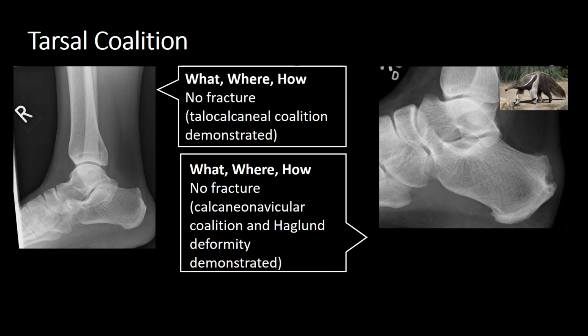The radiographic sign that indicates this underlying coalition is what's known as the C for Charlie sign. If we look, we can see the surface of the talus dome sweeps round and forms a letter C with the sustentaculum tali, indicating that there is a coalition of the talus with the calcaneum.